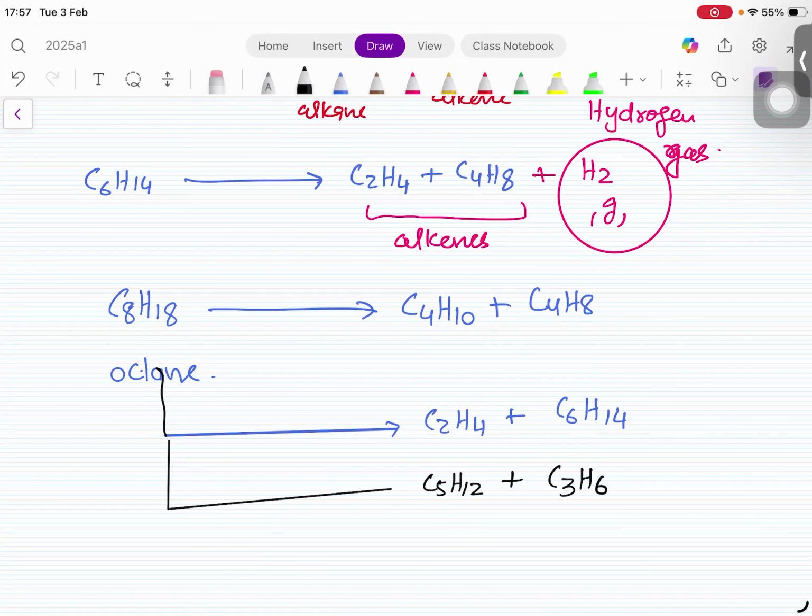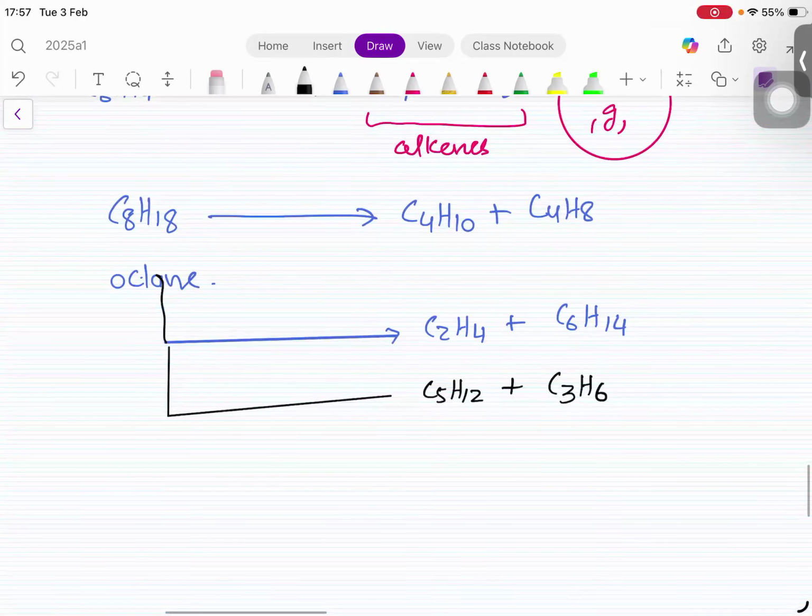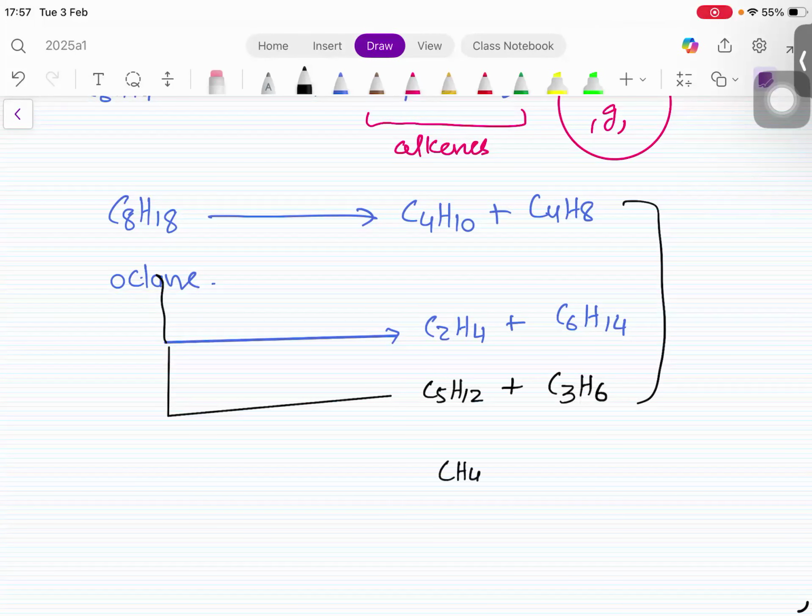Okay. Anyone? One more other fragments if somebody has made it, other than these ones which we already showed. CH4 plus C4H8. C4H8 plus hydrogen. Well done. So this is the cracking.